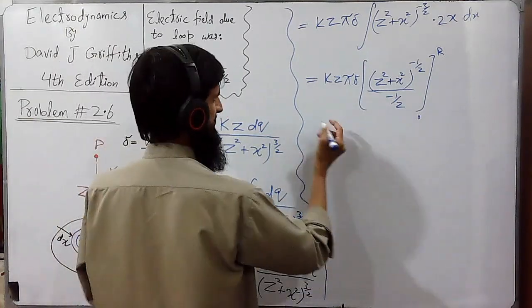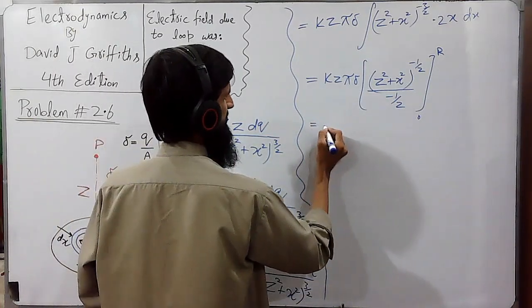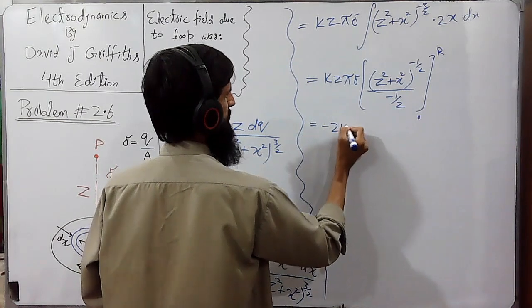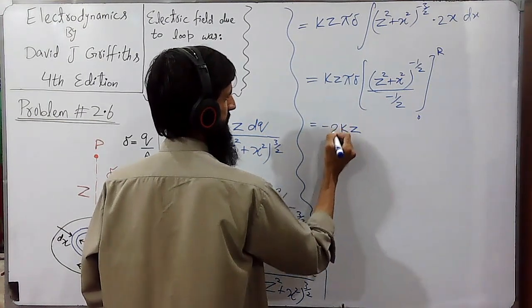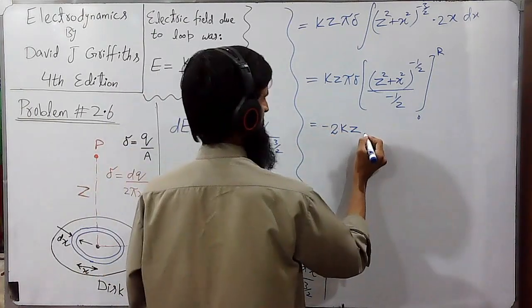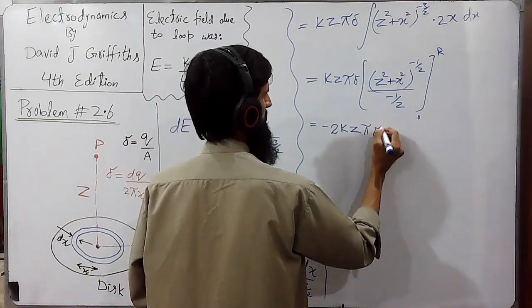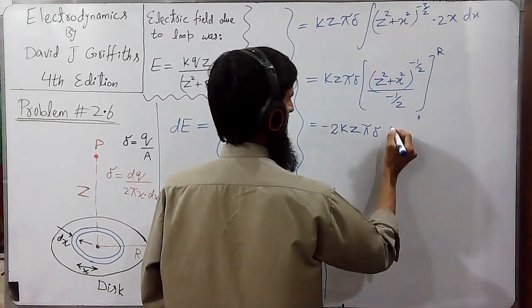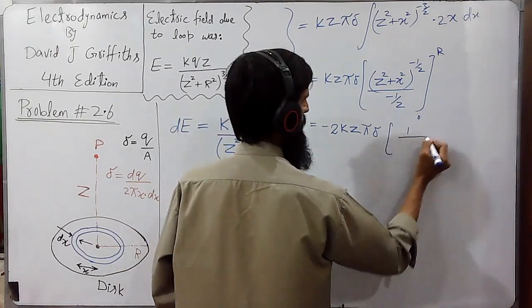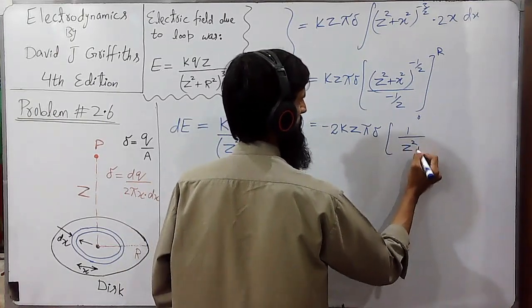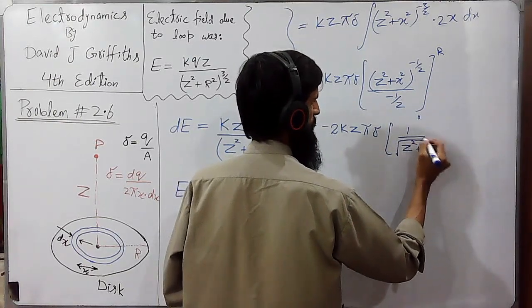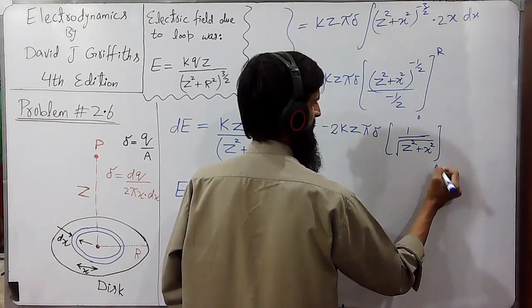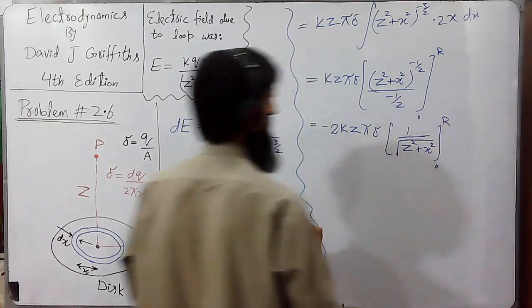Now it becomes minus 2kz pi sigma, times 1 over the square root of z square plus x square, from 0 to r.